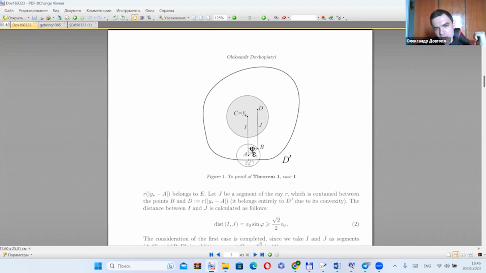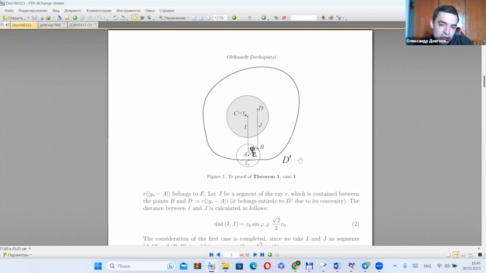So the distance between these two segments AC and BD equals the sine of this angle multiplied by the distance between points A and B. But I want to recall that now we have the case when this angle is more than pi divided by 4 but less than 3 pi divided by 4.